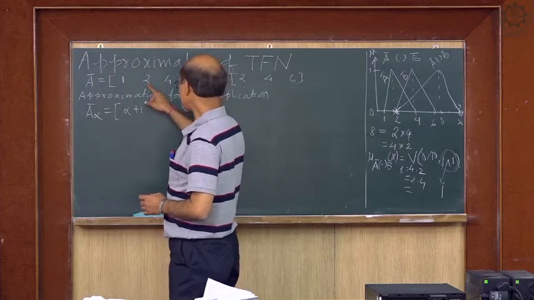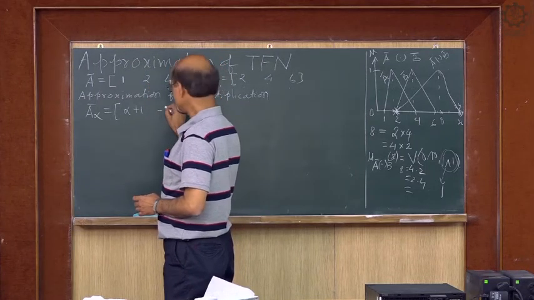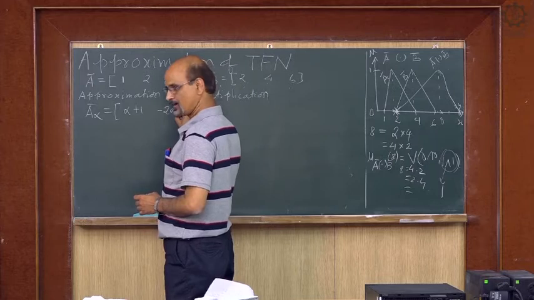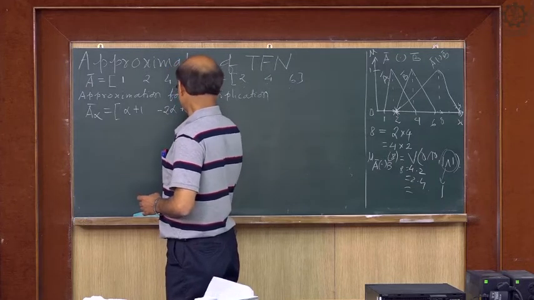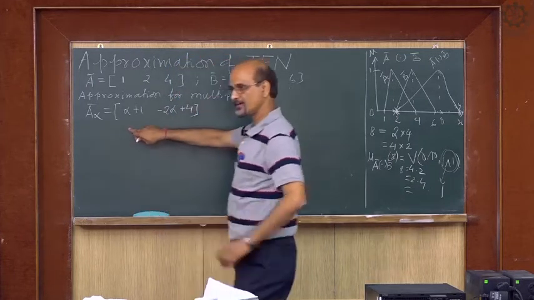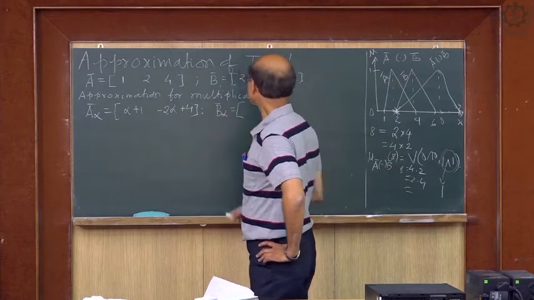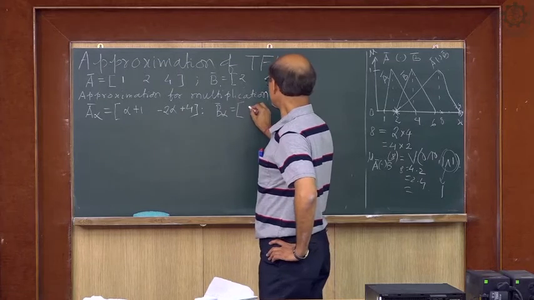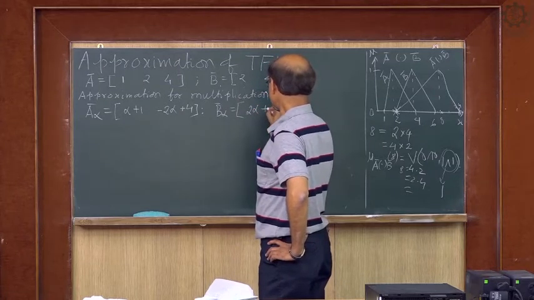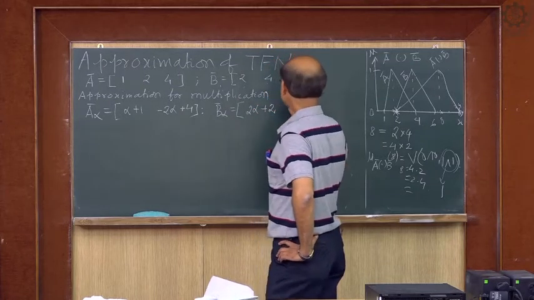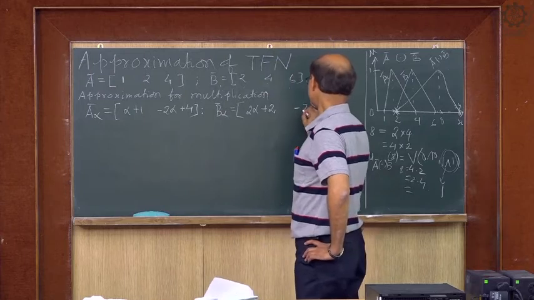Right hand will be 4 minus 2 alpha, that is minus 2 alpha plus 4. This is your A bar alpha. Then B bar alpha is 4 minus 2, that is 2 alpha plus 2, and this will be 6 minus 4 minus 2 alpha, okay.